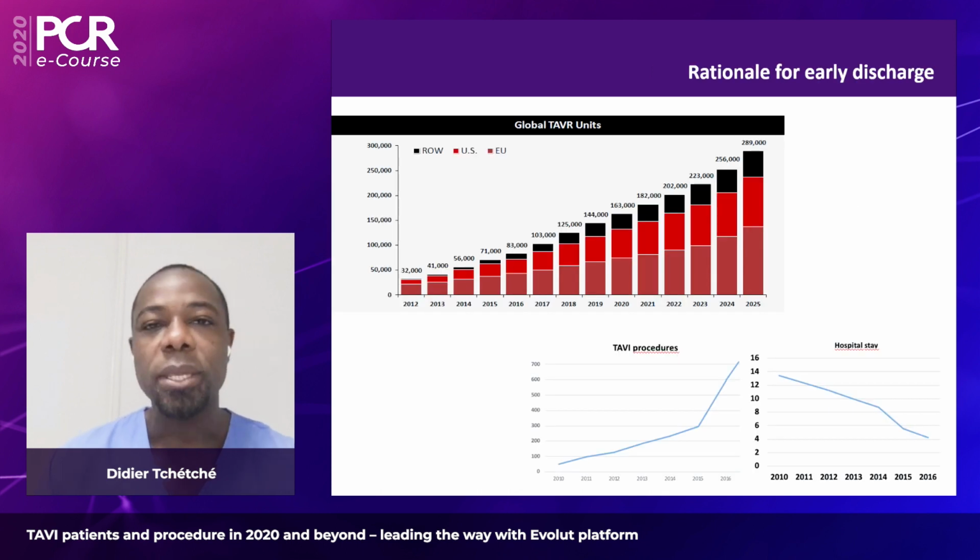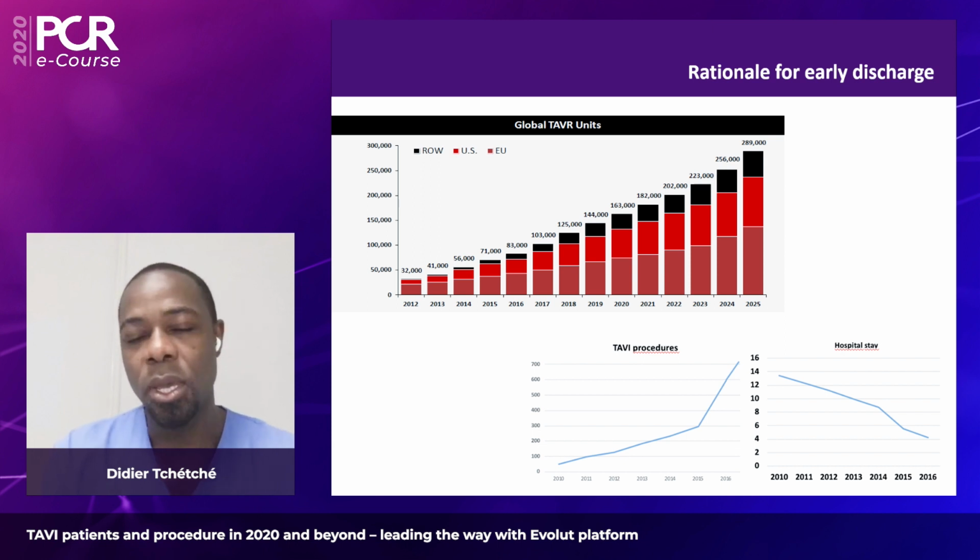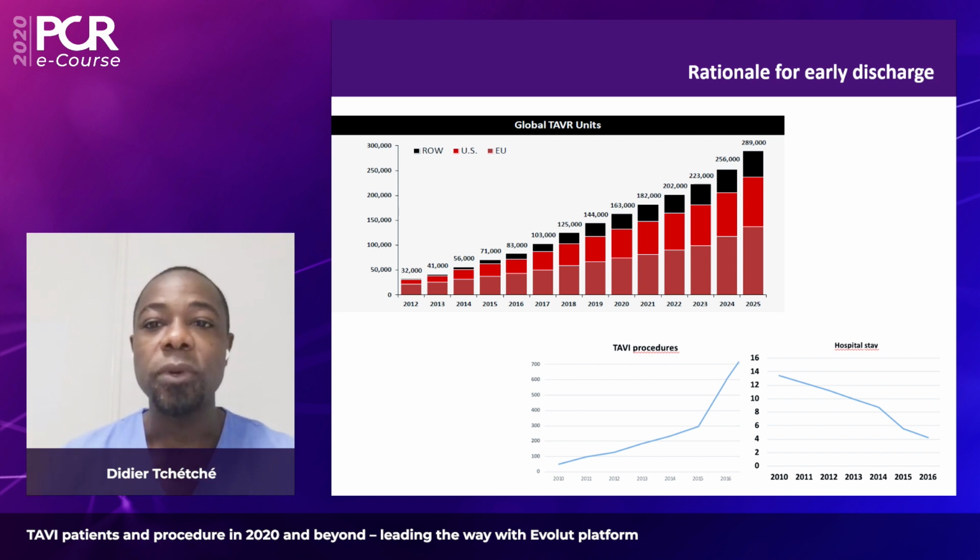So what do we have at early discharge? As you have all witnessed, we have seen a huge increase in the number of procedures performed worldwide, and on a daily basis in some centers, you may have to treat 6 to 8 patients. Meanwhile, what we've also seen was a decrease in hospitalization stay.